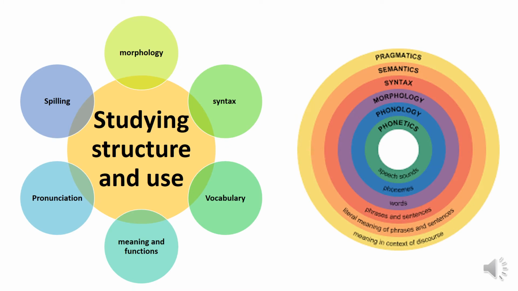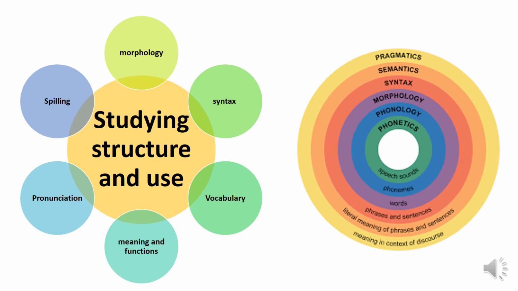What do we mean by studying structure and use, or studying language constructions? That means I divide the language into subfields or sub-areas and teach each area alone. For example, I will teach the morphology of forms alone. Then I will move to the syntax of phrases, clauses and sentences.